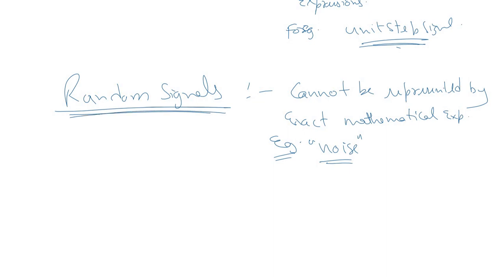Although it is not possible to predict the exact or precise value of a random signal in advance, it may be described, but we need some measures to quantify random signals also, right? So although the precise value cannot be found, we have other methods by which we can describe these random signals.